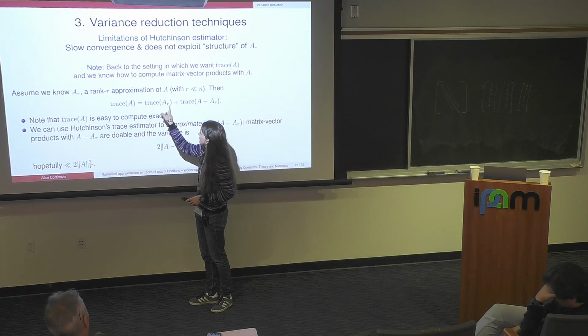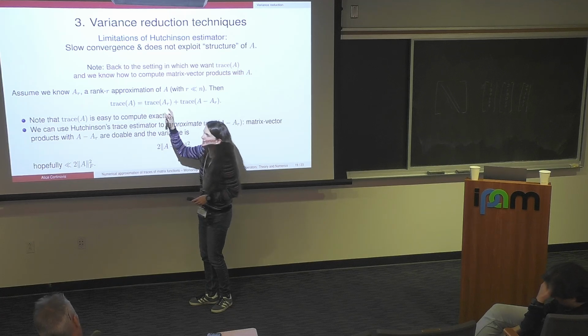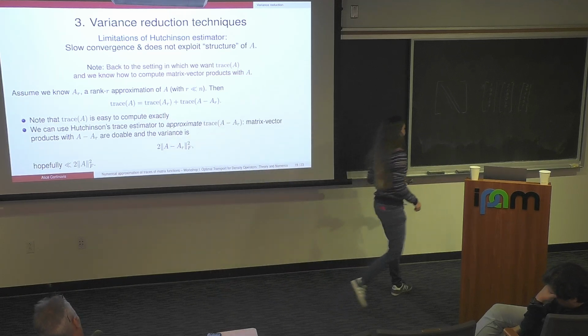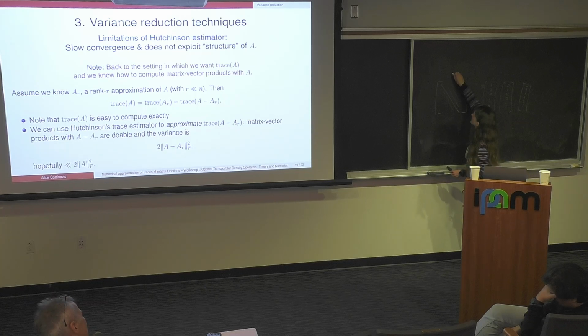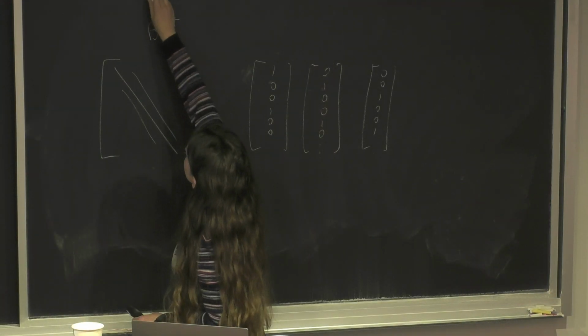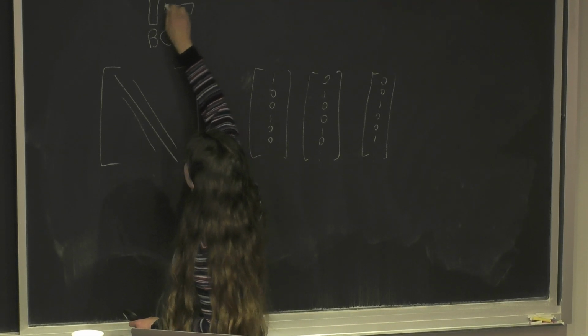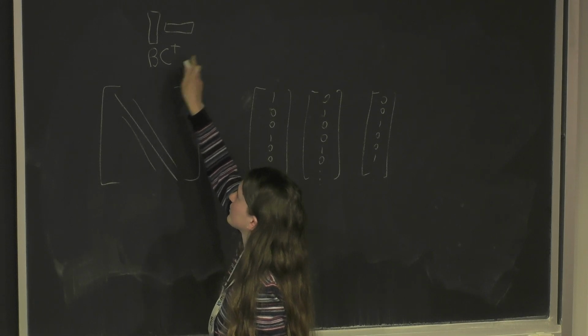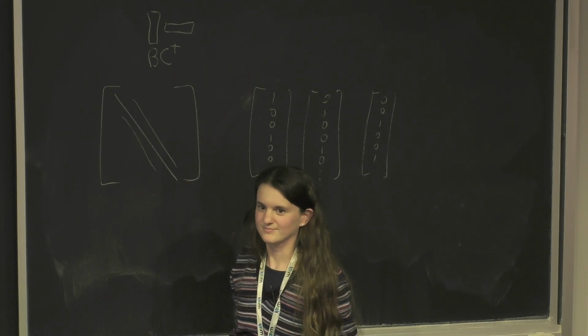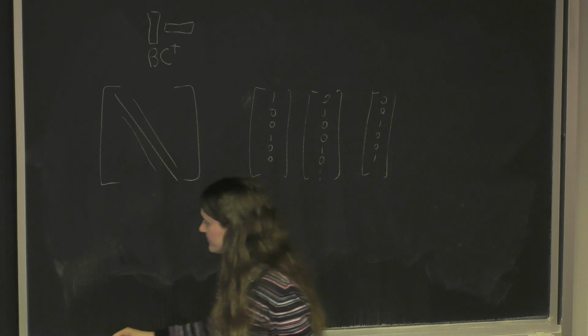The first thing is that the trace of A_r is easy to compute, because normally when someone gives me a low-rank matrix, they give me something of the form B C transpose. If I want the trace of this, it's just the trace of C transpose B, and that's a manageable matrix.